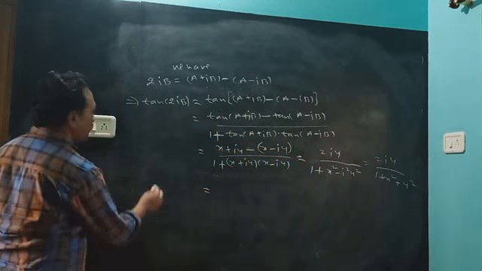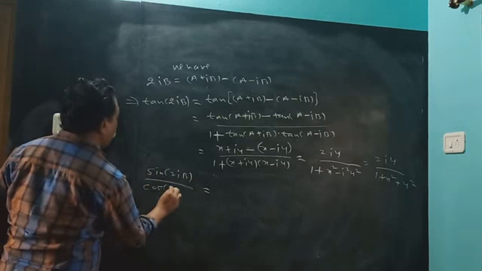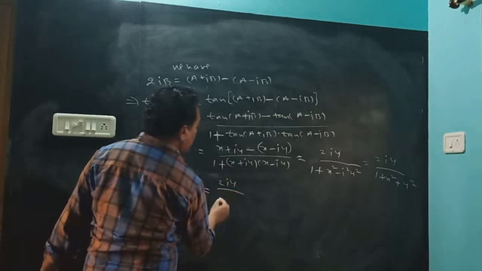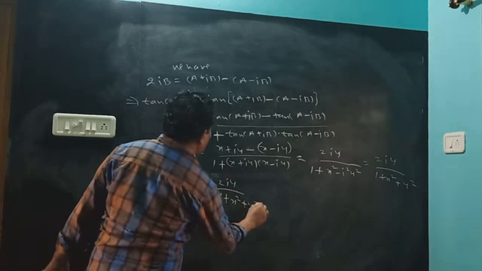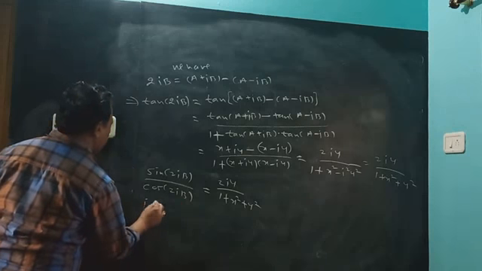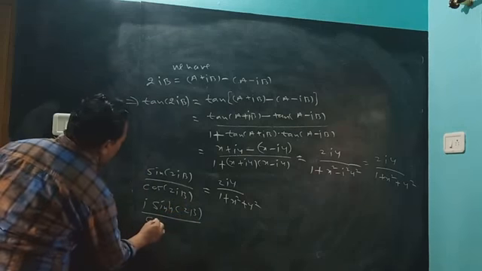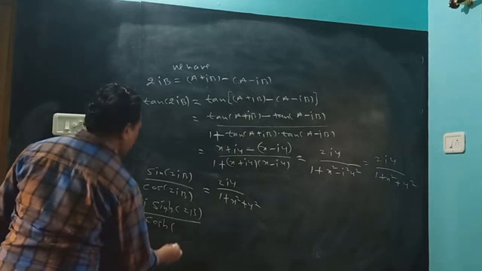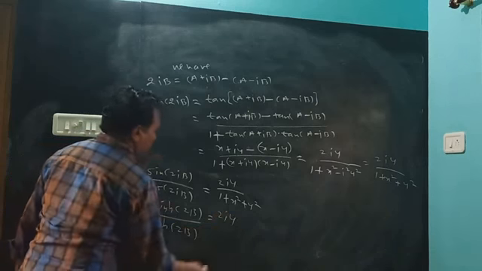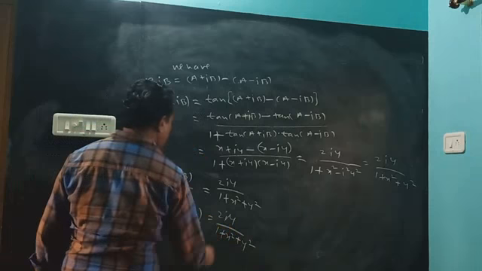Now tan means sin by cos. Sin iy is i times sinh y, cos iy is cosh y, and i cancels.